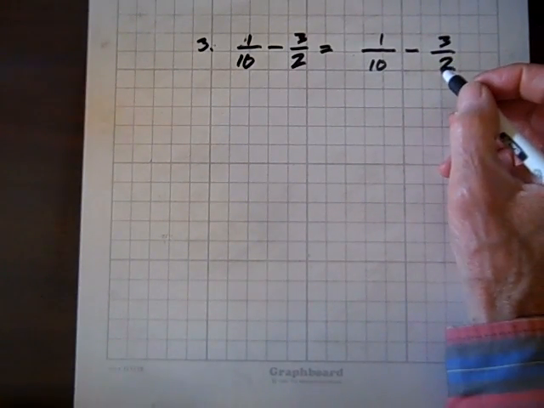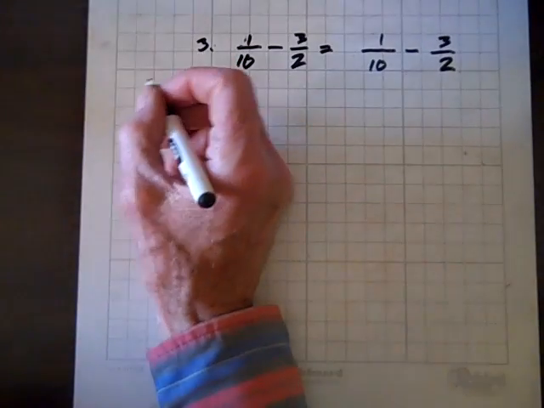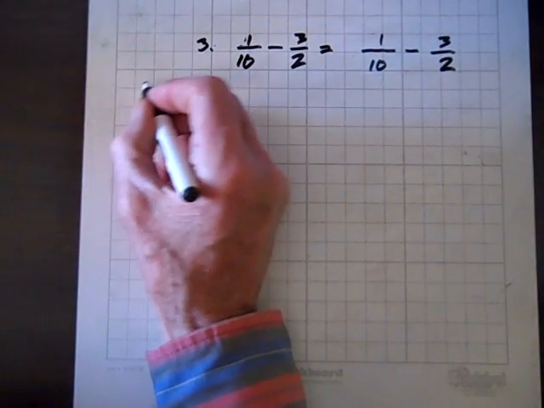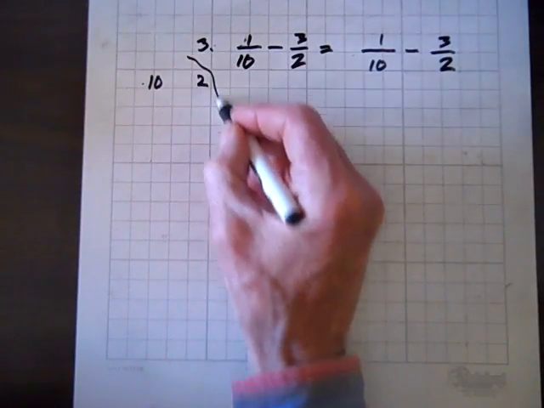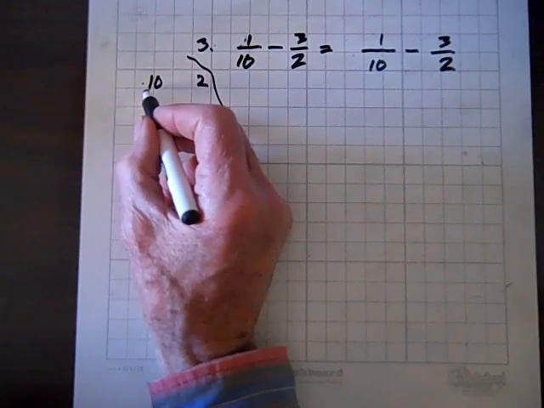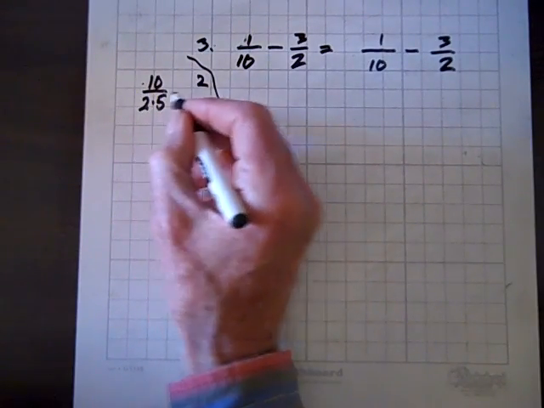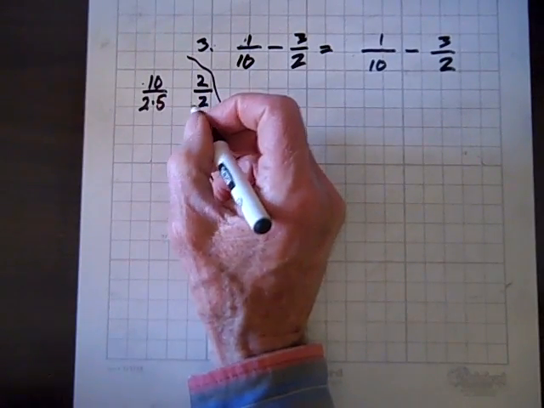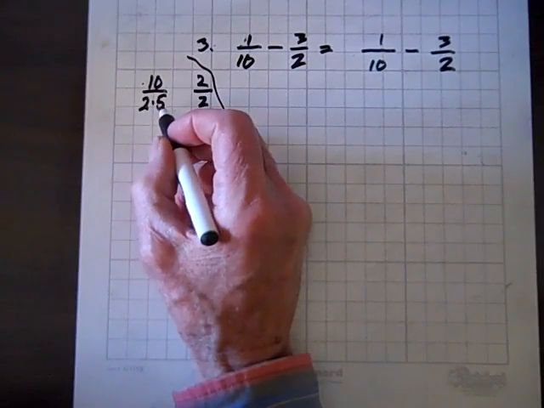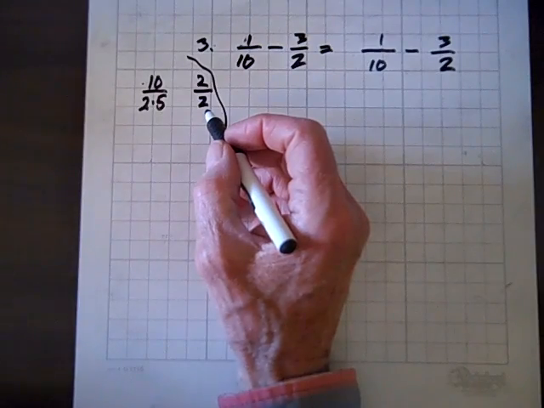And the question is, well, what's the common denominator? What's the LCD? Well, to find that out, we'll do this. We'll write down every denominator, 10 and 2. So this is a little aside. And now we'll rewrite 10 in prime factorization form. And the prime factorization form of 2 is just 2. So 2 is prime, 5 is prime. By the way, 1 is not prime.